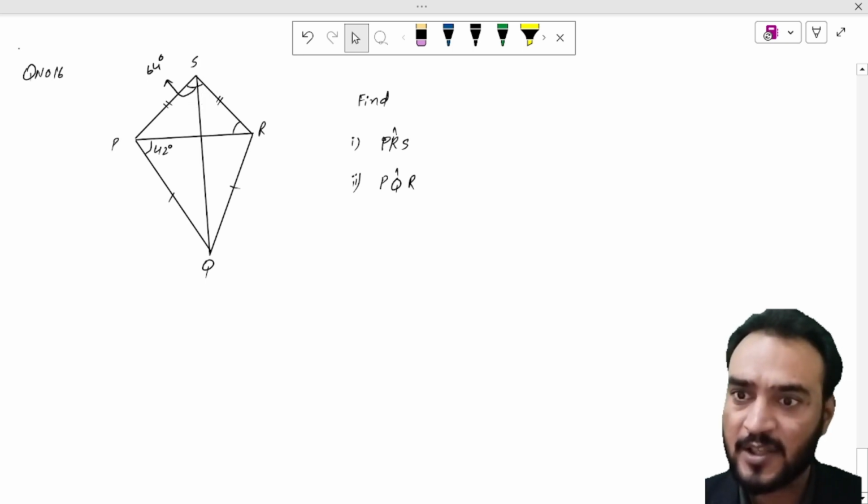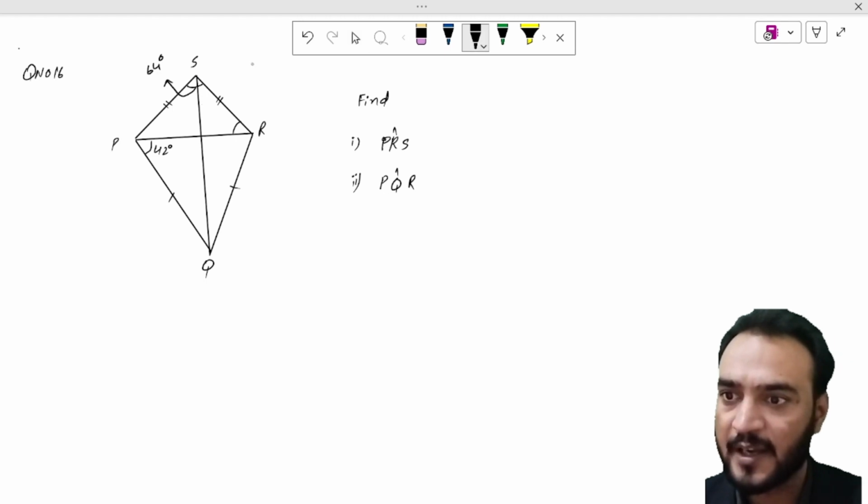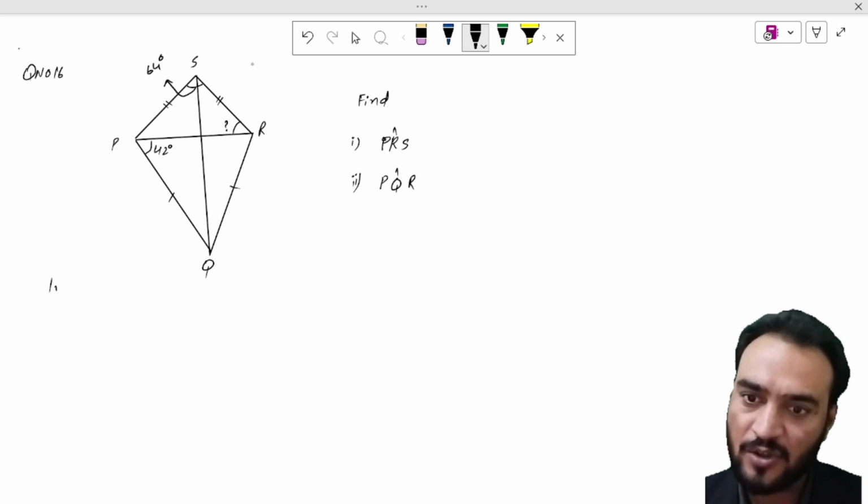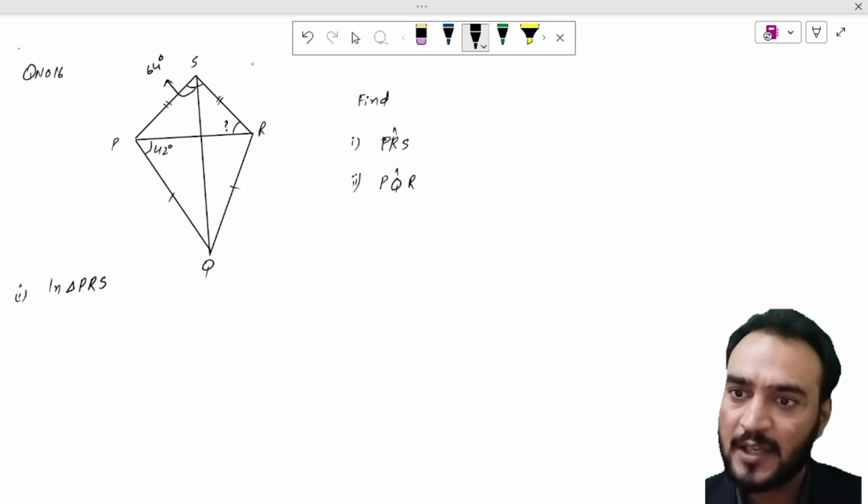Let us consider the triangle to find the angle PRS. We have to find this angle PRS. We will consider the triangle PRS. In triangle PRS, as you know these two sides, RS is equal to PS.